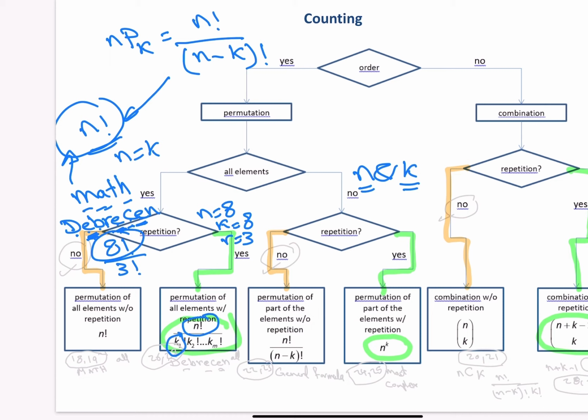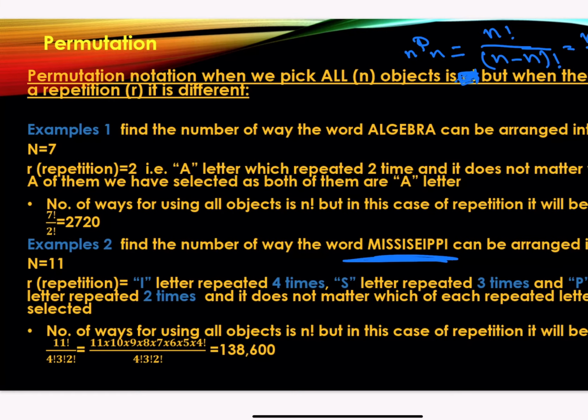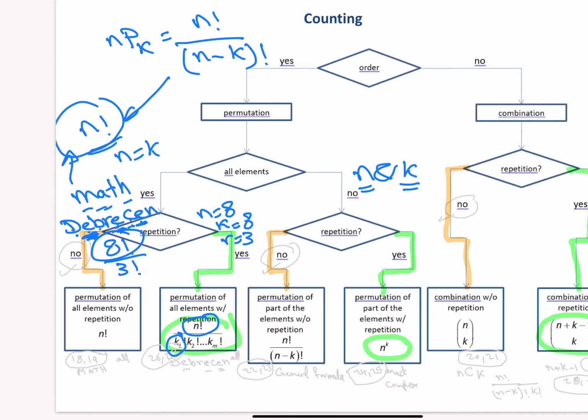I could have one repetition like in Debrecen, where the letter E is the only repetition, and I could also have other cases like Mississippi, where we have many repetitions: I repeated 4 times, S repeated 3 times, P repeated 2 times. So it will be 4 factorial times 3 factorial times 2 factorial and so on. So this is the case which we have here: n factorial divided by the repetitions because there is a repetition.